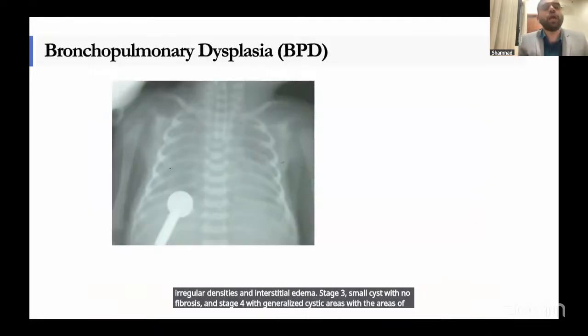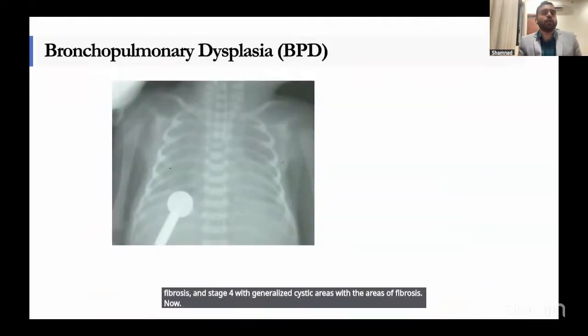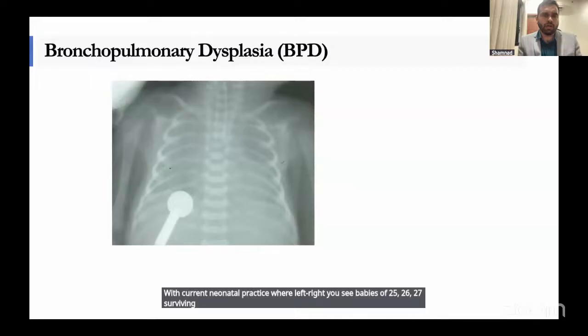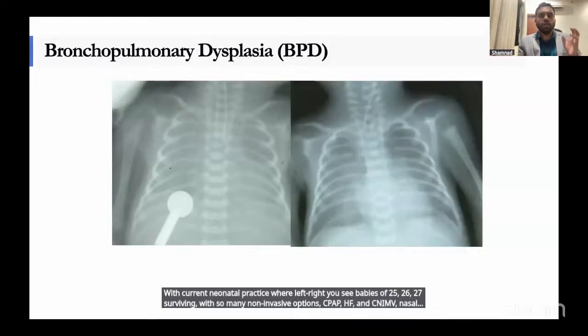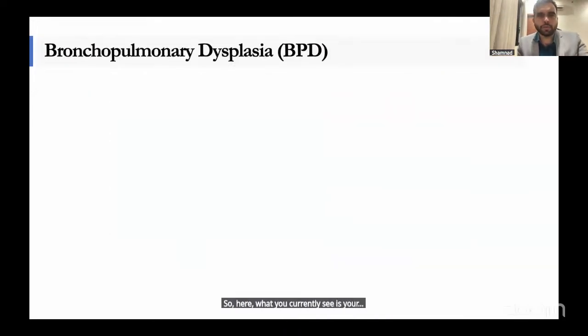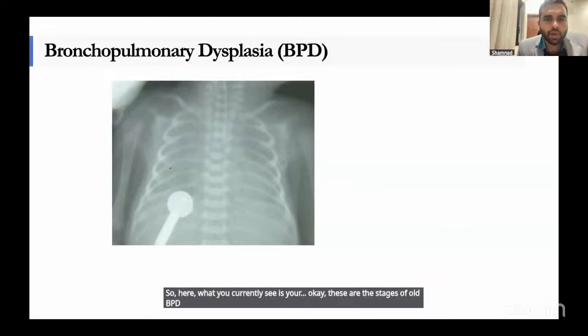Now, with current neonatal practice, where you see babies of 25, 26, 27 weeks surviving with so many non-invasive options, CPAP, HFNC, NIMV, nasal HFO, these are the stages of old BPD. Stage 1, like your RDS.